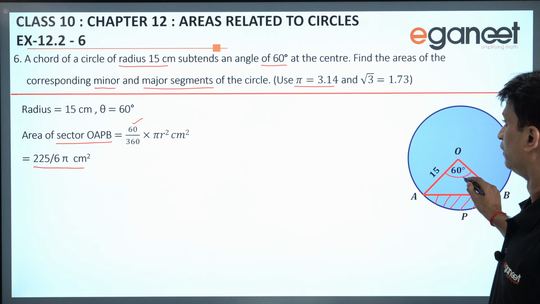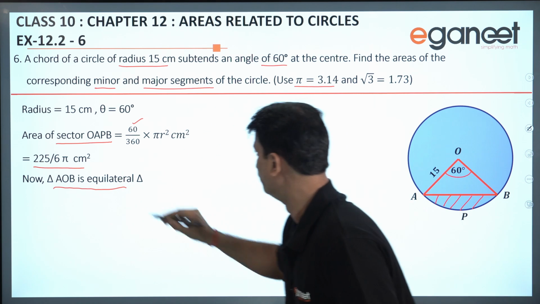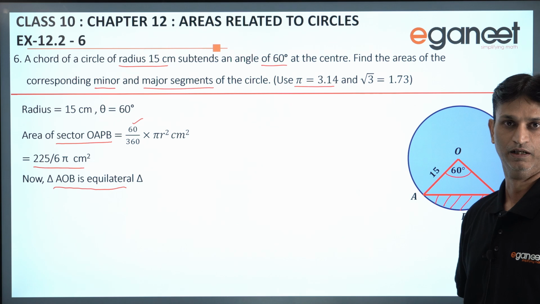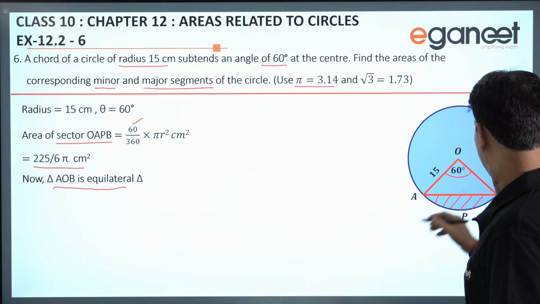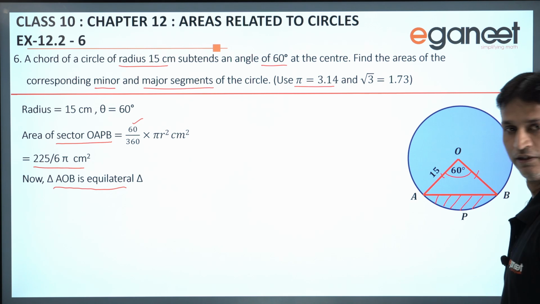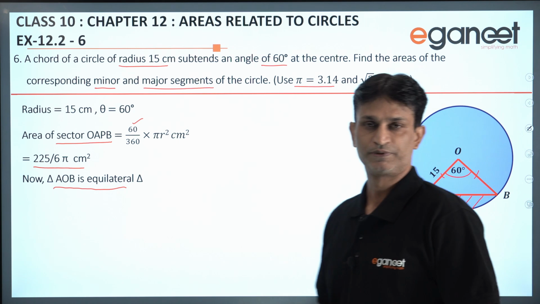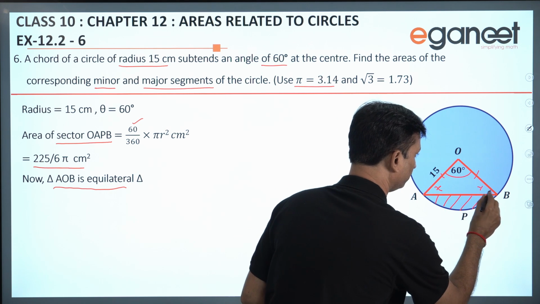Now, triangle AOB is an equilateral triangle. Why? Here we have OA equal to OB, that is the radii of the same circle. So we can say that the base angles are equal.